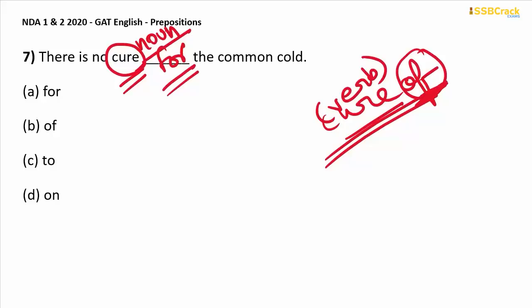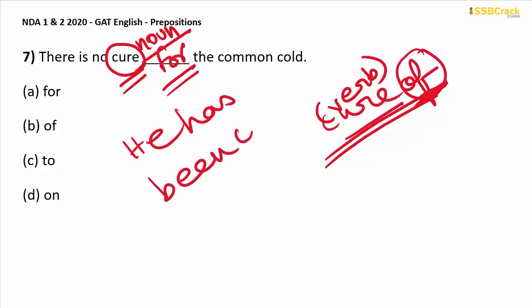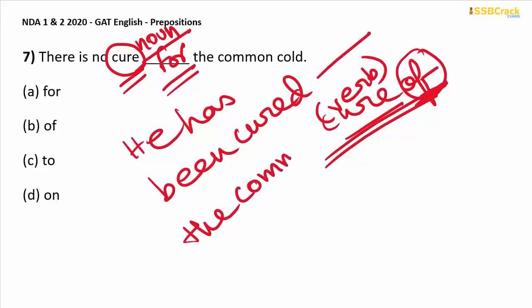So if you say he has been cured dash the common cold, here for will not be used because cured is used here as a verb. So for the verb, cure should always be followed by the preposition of.